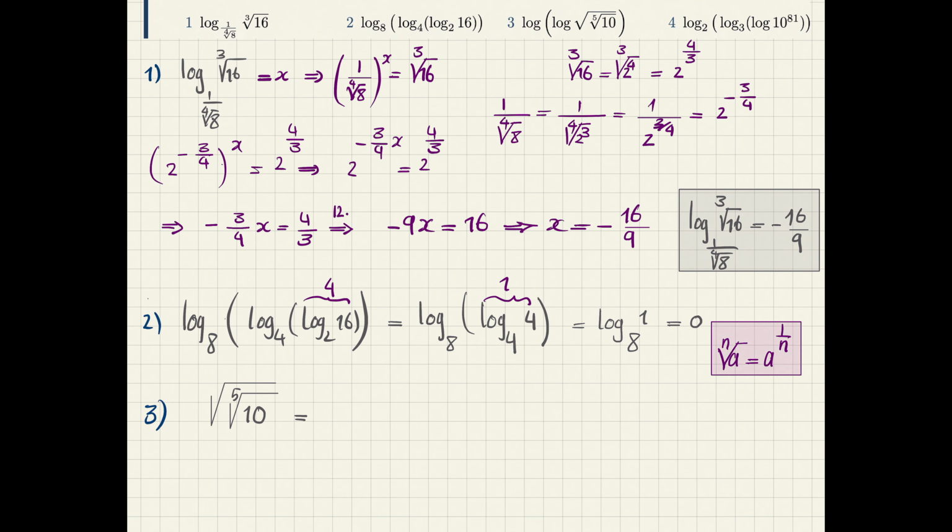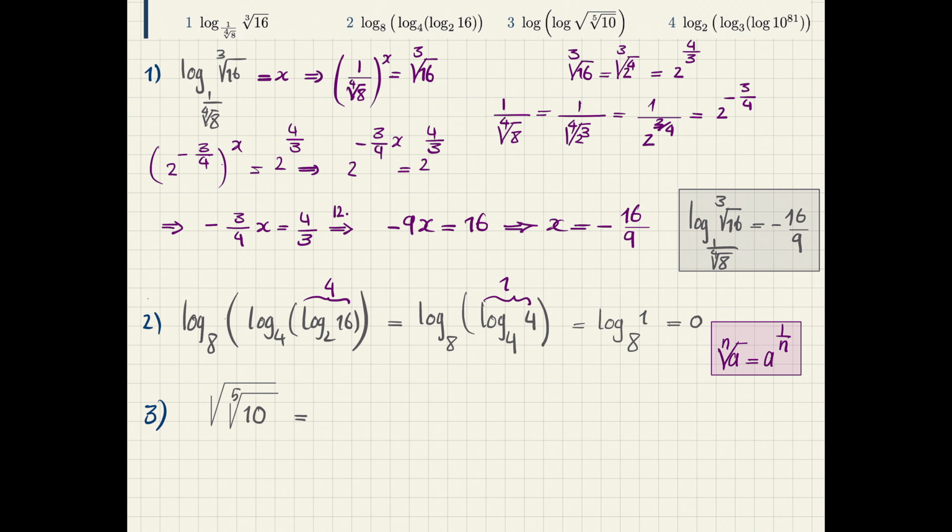So for example, can I write something for this one? You would say yes. Consider this is playing the role of a, and then you have the square root of a. You can write it as a to the power of 1/2. But what is your a? A is this package.